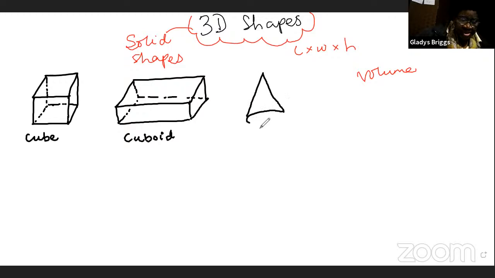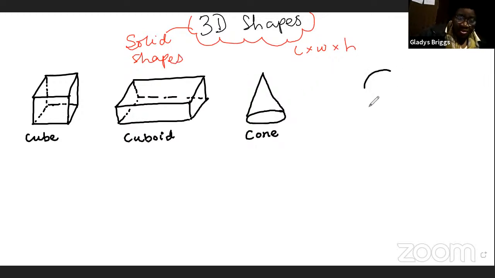Did I show you guys a cone? I don't think I did. So this is a cone, okay? The ones you see on the roads, when they are doing construction work, they put the cone on, yeah? So this is a cone, or the one you have on your ice cream cone, yeah.